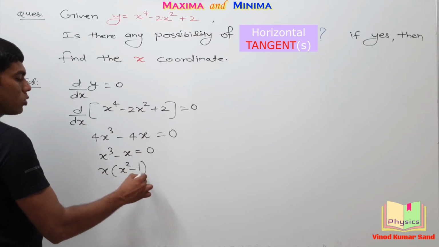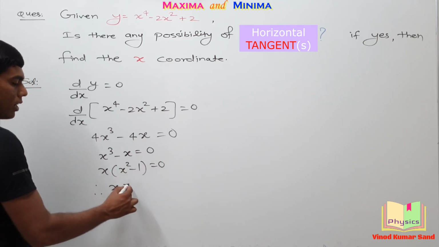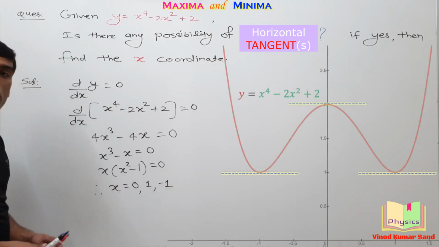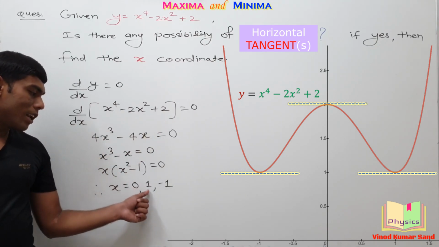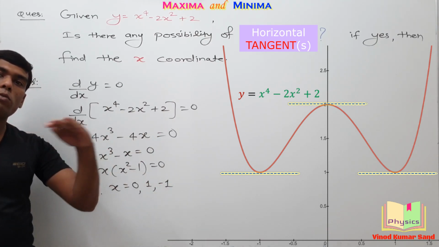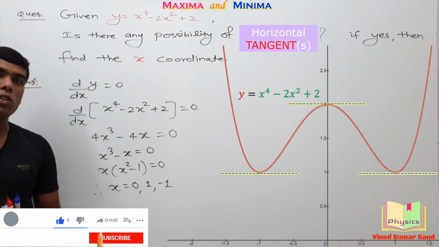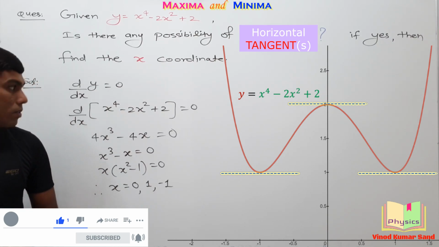X square minus 1 is equal to 0. So it will give you three values of x. X is equal to 0, x is equal to 1 and x is equal to minus 1. And you can see the diagram. At these three locations of the x, you have the horizontal tangents possible. It's a nice question. You can note it down. Then I'll be taking up the next one.